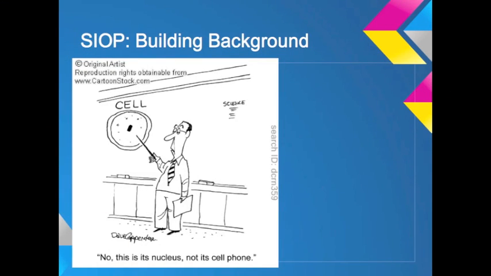Okay, now that we've been through preparation and we have our lesson, now we need to focus on building background. And I think this is funny when he says, no, this is nucleus, not cell phone. So cell, there's so many words, but we have to take the knowledge.